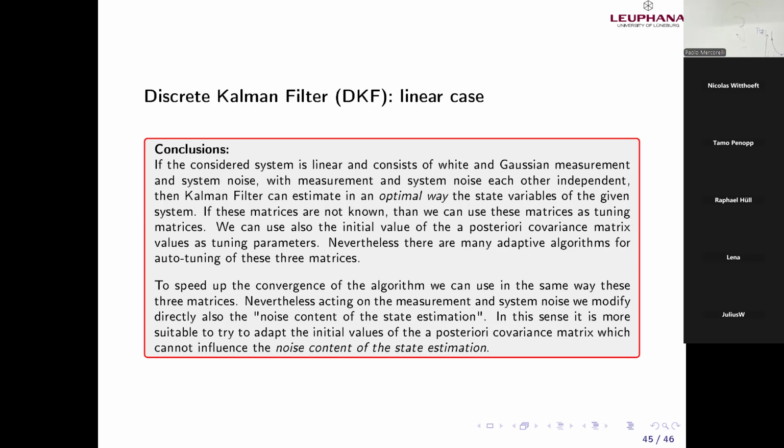The uncertainties, if they are uncertainties, of course, we cannot know perfectly, but we can use this to tune the Kalman filter. Okay, but to tune means I have to know something in advance, or I have to be able to approximate this value Q and R. This is the tuning.